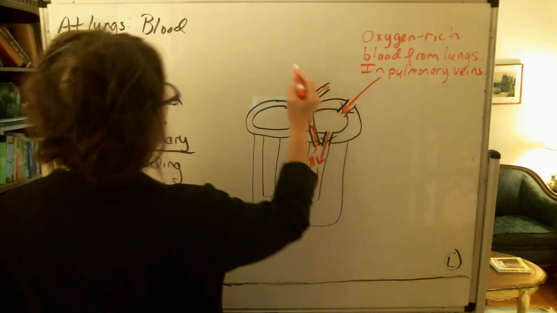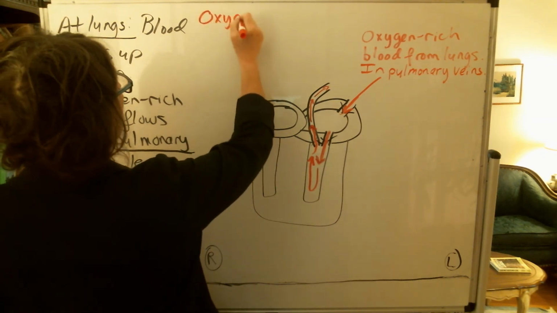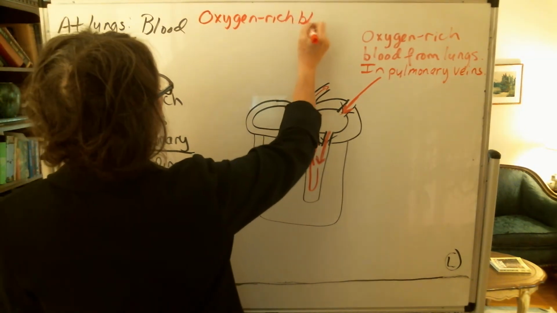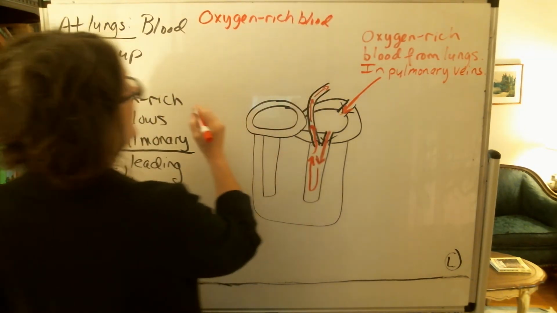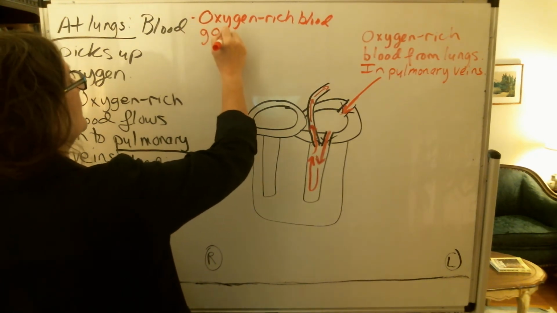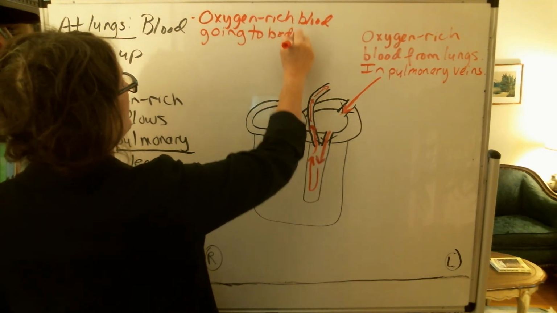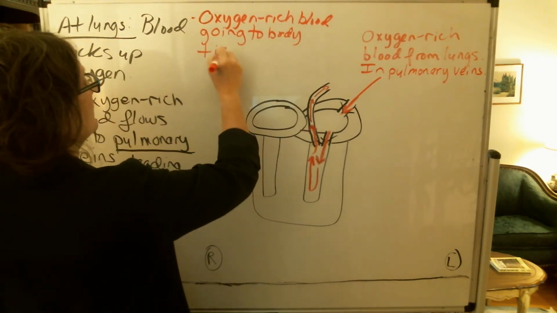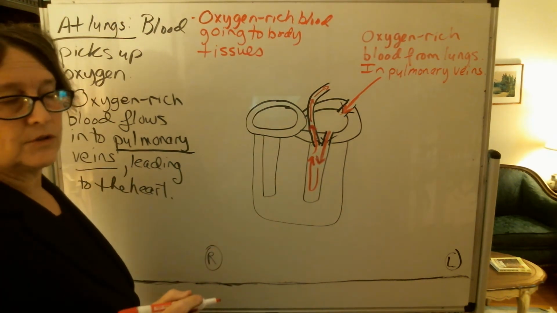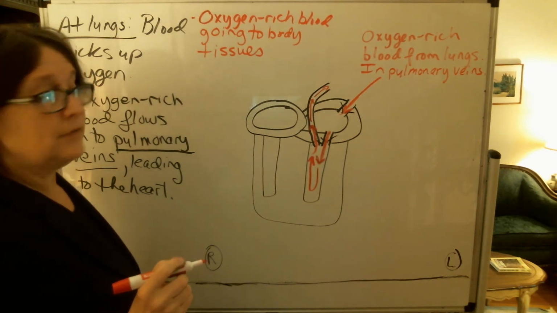So here we have oxygen-rich blood going to all of your body tissues, your brain, your toes, your knees, your liver, all of the different places.